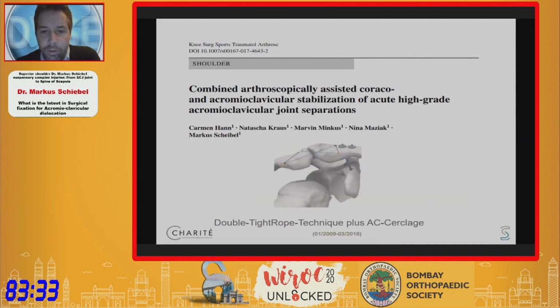So in January 2009, and until March 2016, we used a double tightrope technique plus an arthroscopic AC cerclage.